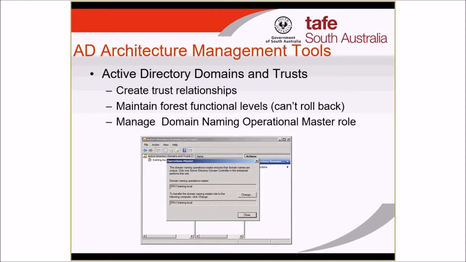So we have to drop back to the lowest level. Once that server gets retired, we can raise the functional level, and this operation can't be rolled back. With this tool, we can also manage the domain naming operations master role.